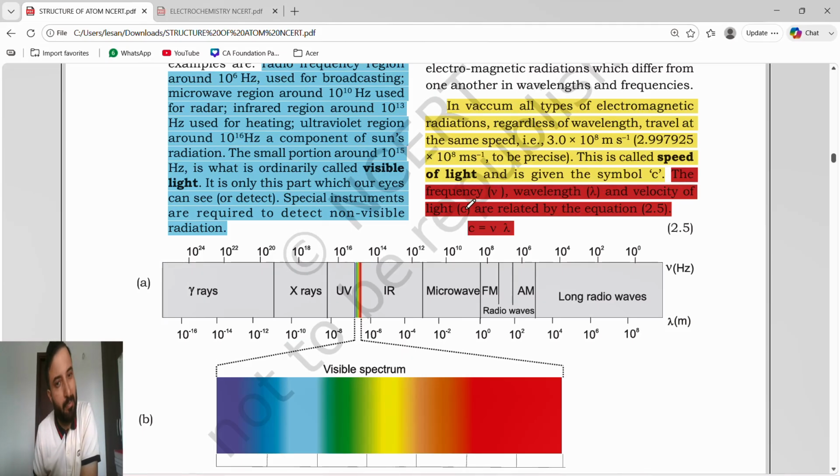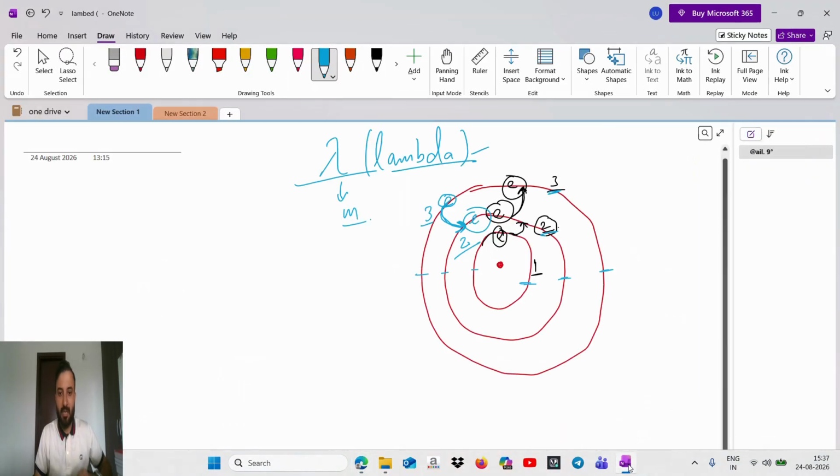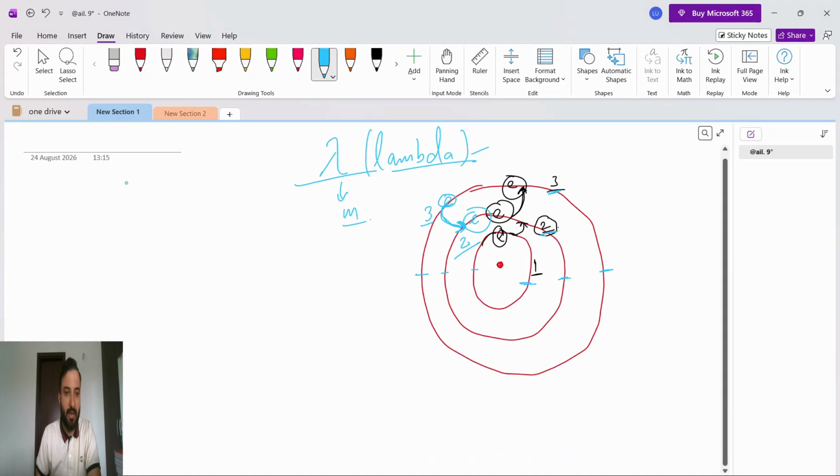Velocity is nothing but speed, because 3 into 10 to the power of 8 meter per second is nothing but the speed of light. So this is the relationship of frequency, wavelength, and speed of light: C is equal to nu into lambda.